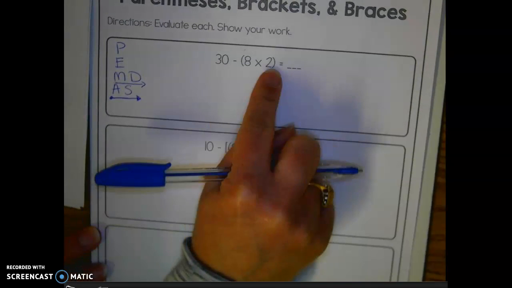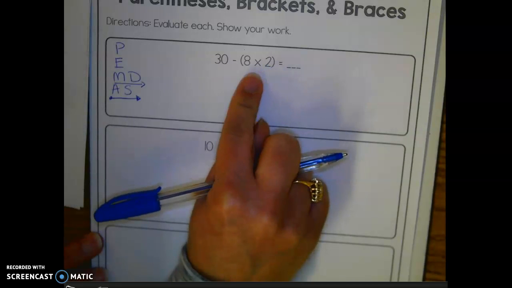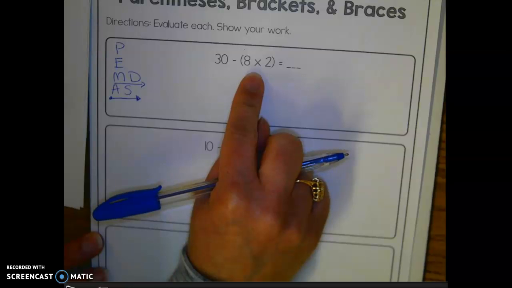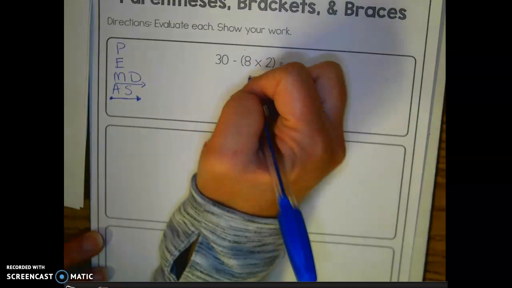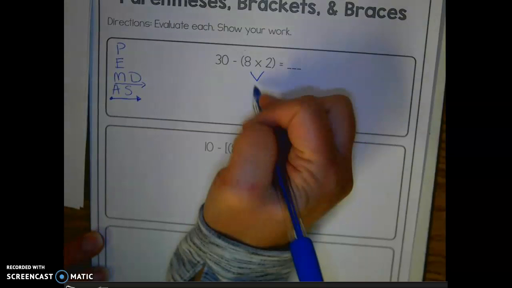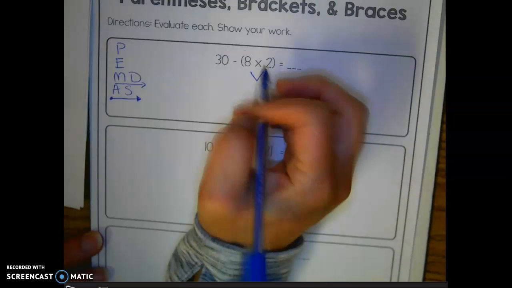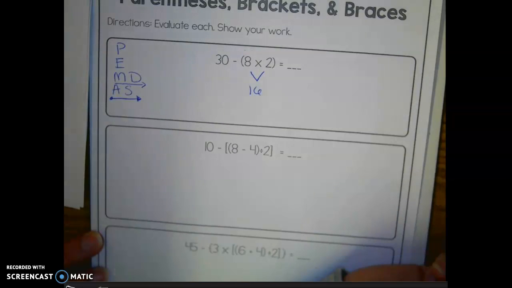So if we look at this one, what are we going to do first? Well, we're going to multiply because it's inside the parentheses. Okay, that's a big clue that tells us we need to do that first. So let's do my little arrow, my little V, and solve. Instead of writing 8 times 2, we're going to write 16.